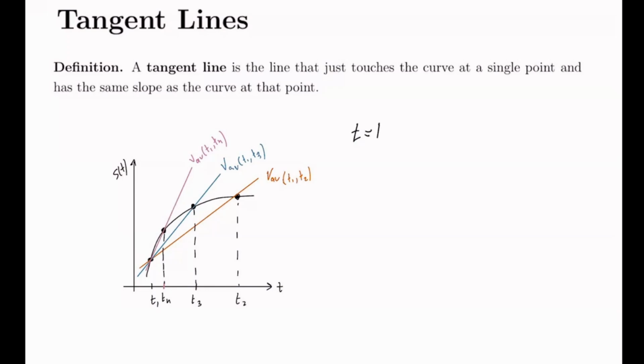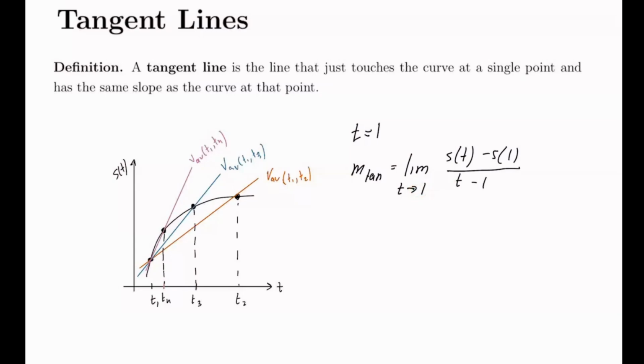We had t equals 1. So m tangent, which is the slope of the tangent line, would be the limit as t goes to 1 of s of t minus s of 1 divided by t minus 1. When we plug it in here, we get undefined.